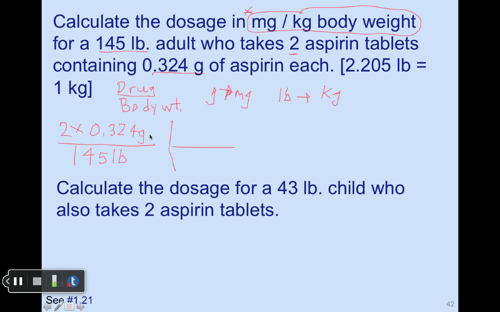Let's just choose to get rid of grams first because it's on top. So put a gram on the bottom, convert it to milligrams. How many milligrams go with a gram? If you don't know it, put it on your note card because you're going to use this one often. 1 gram is 1,000 or 10 to the 3rd milligrams. I'm just going to go ahead and write in 1,000 today. And that allows the gram to cancel, which is good.